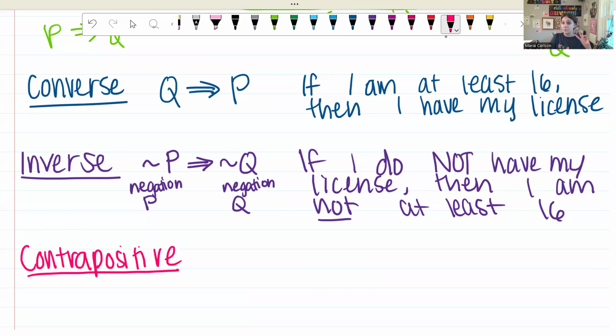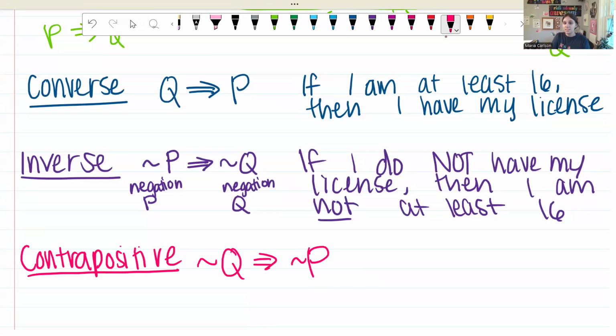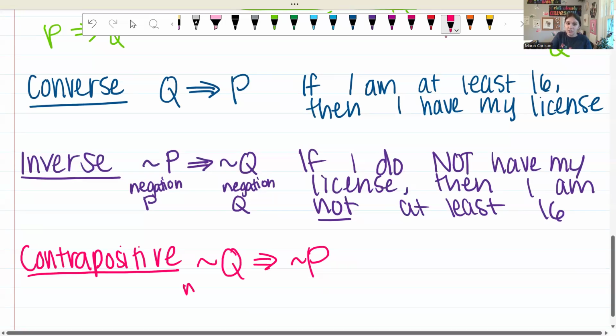So you either flip it and you make it so that Q implies P and then you negate that, or you find your inverse, not P implies not Q, and you flip it. So your contrapositive is not Q, or not your conclusion. The negation of Q implies the negation of P.